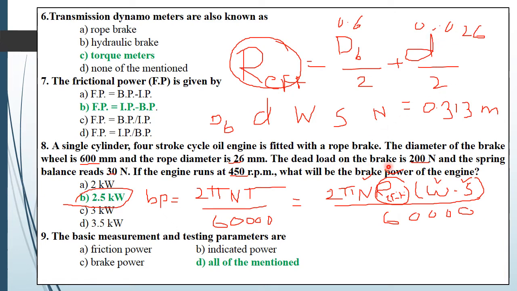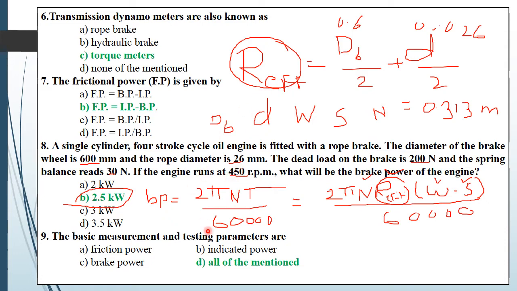Then the brake load W is 200 Newton. The spring balance reading, small s, is 30 Newton. Engine RPM, capital N, is 450 RPM.